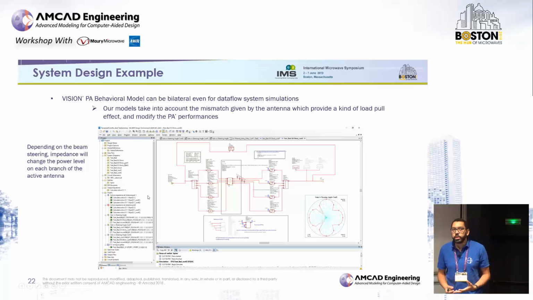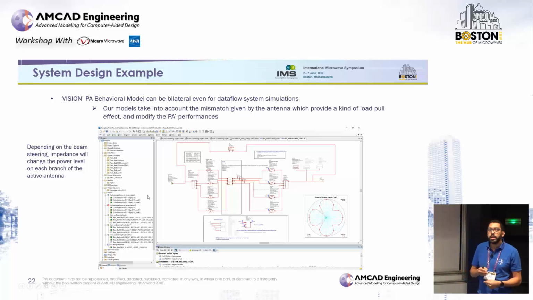We have been able to demonstrate that the beam steering simulation is very different when using unilateral models and bilateral models. This is explained by the fact that the steering will significantly influence the matching of each amplifier, modifying in return the power supplied to the antenna by each branch.